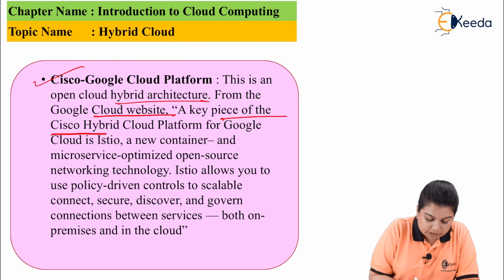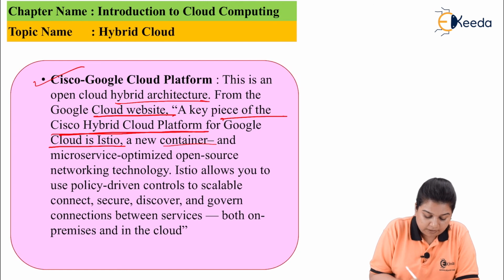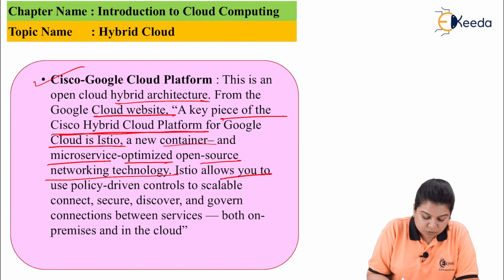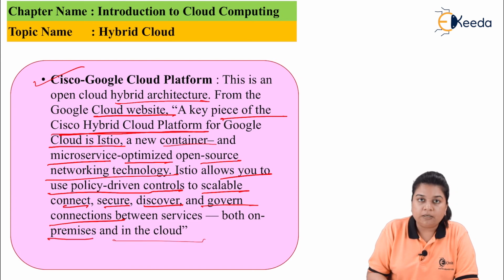A key piece of the Cisco hybrid cloud platform for Google Cloud is Istio, a new container and microservice optimized open source networking technology. Istio allows you to use policy-driven controls to scalably connect, secure, discover, and govern connections between services, both on-premises and in the cloud.